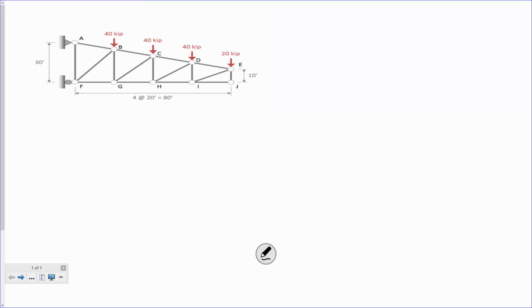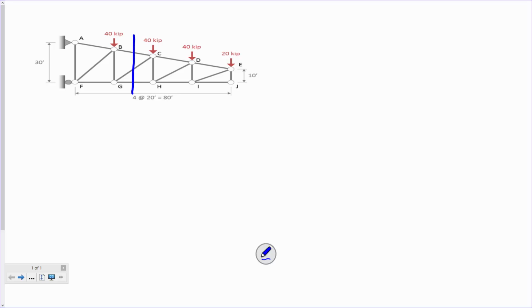Okay. So what I'm going to do is, let's just go ahead and see how this works. Let's cut a section. So I'm solving for member CG, right? So why don't I cut a section right there, right? And just to illustrate this strategy, let's look to the right.